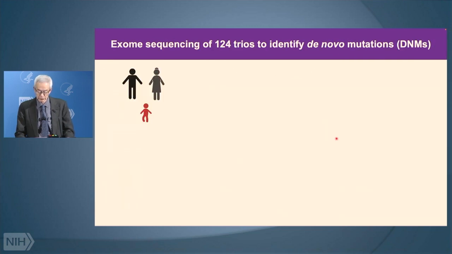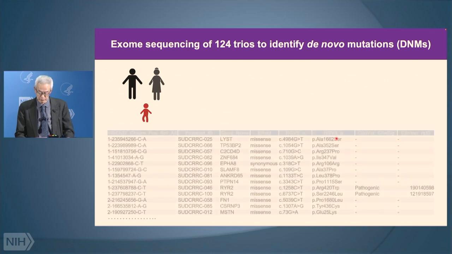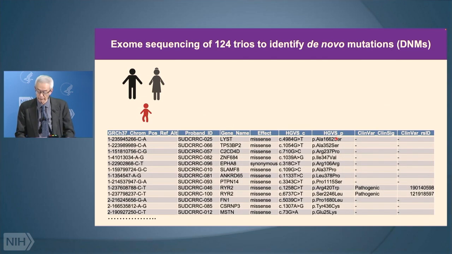So the exome sequencing of these trios led to tables like this. And this is just a fragment of a long list of tables where they were able to come up with candidate mutations that might contribute to the disorder. And sometimes they fortuitously found mutations that were already described in the database as potentially being pathogenic.